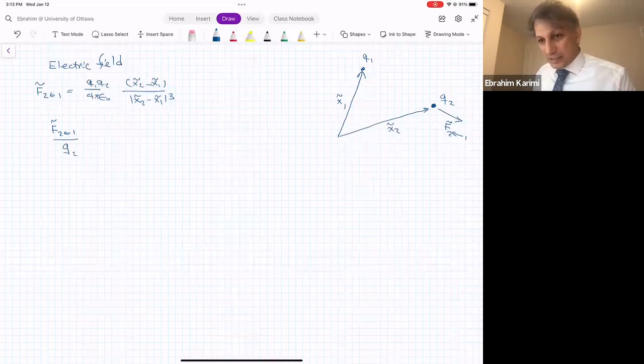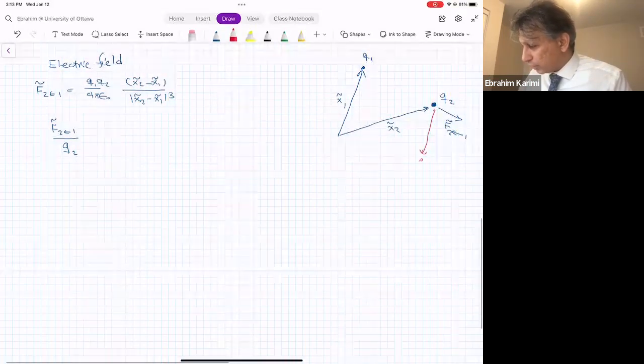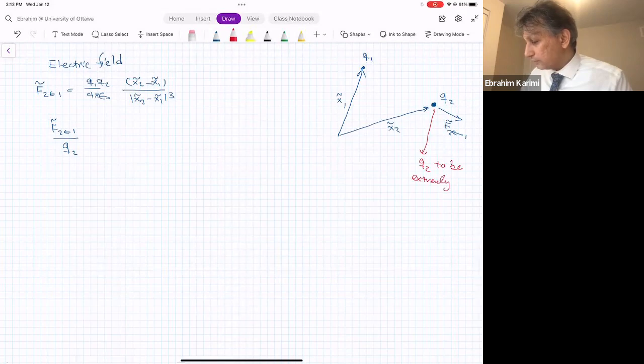We call it the electric field, but we know that even if you place any charges here, these charges will also perturb the environment. So you want to minimize the effect of these. So what you do is choose the charge Q2 to be extremely small.